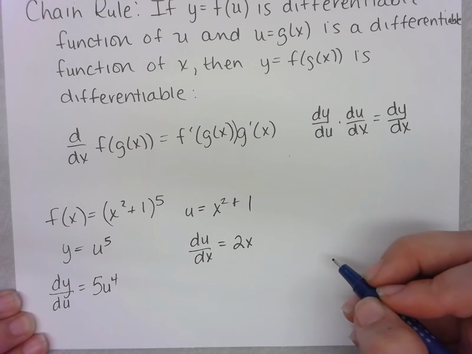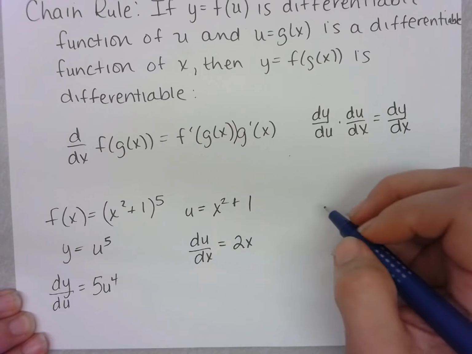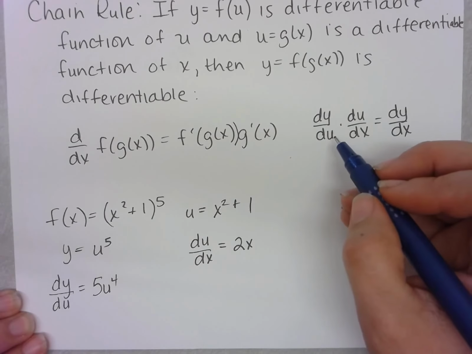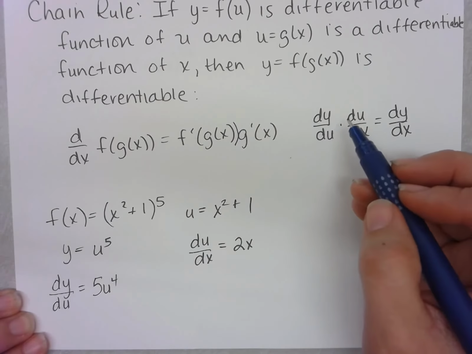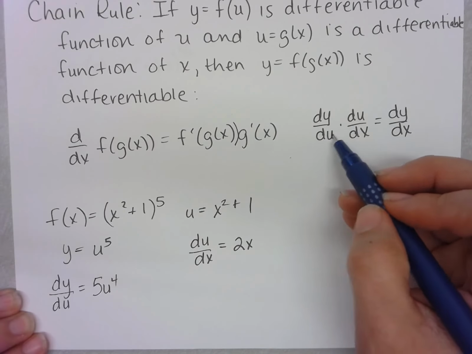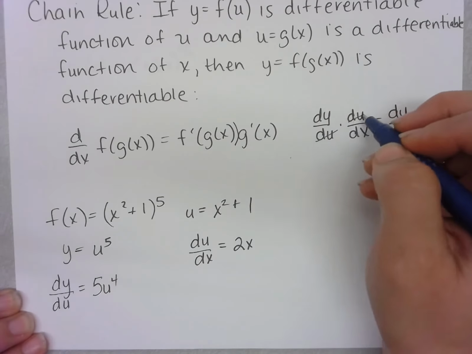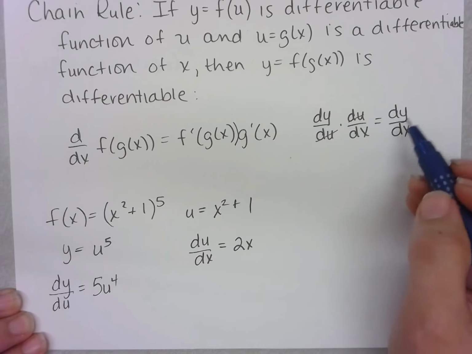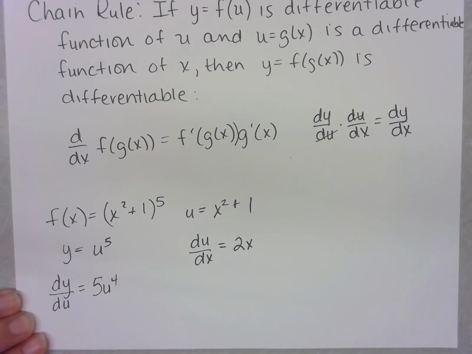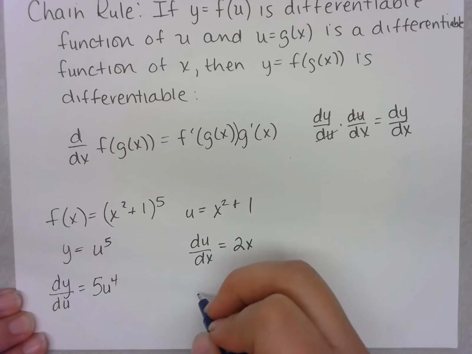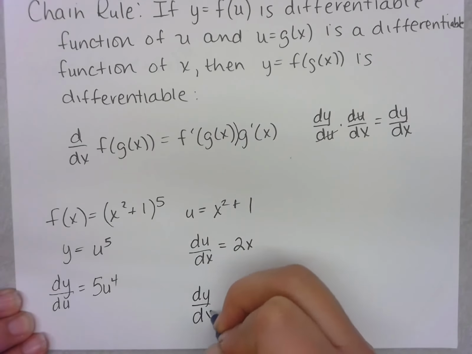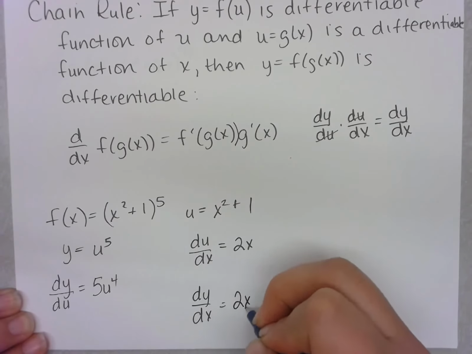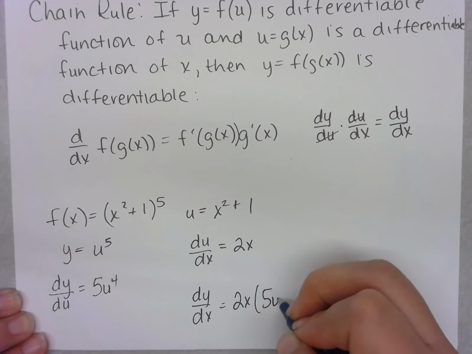Now you may notice when I multiply dy du times du dx, the du's simplify, and I get dy dx. So this is our chain rule. If I put these together, dy dx is 2x times 5u to the 4th.